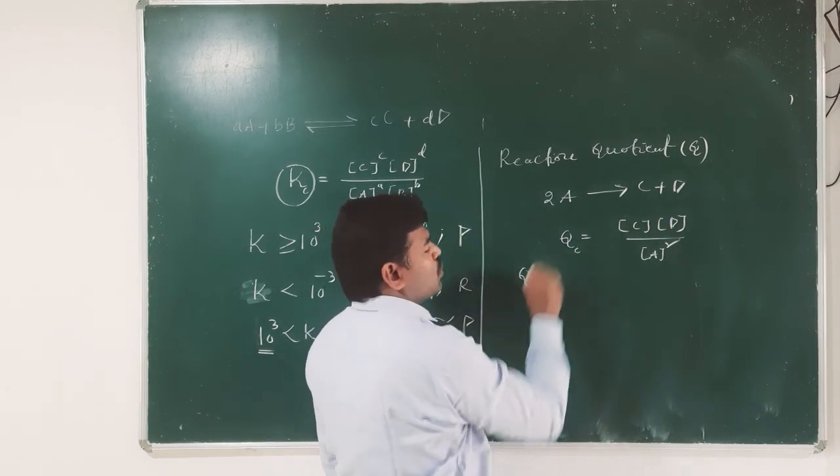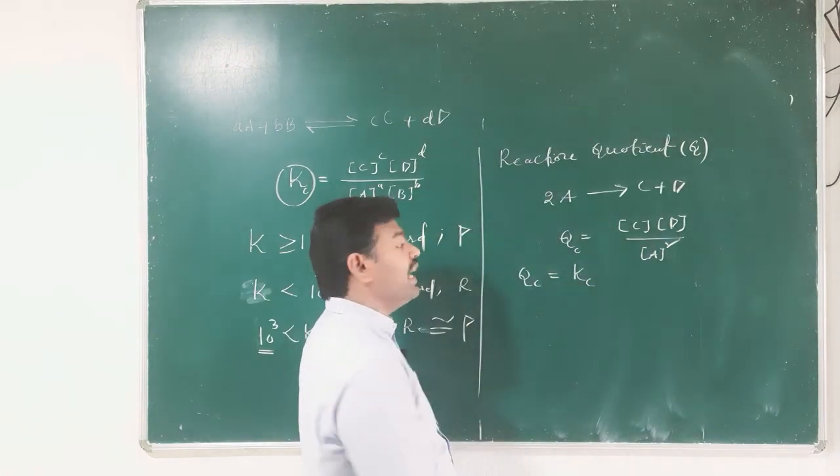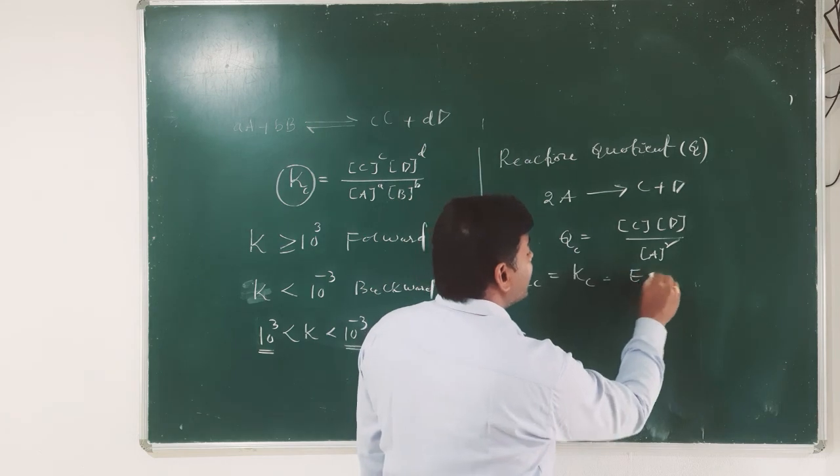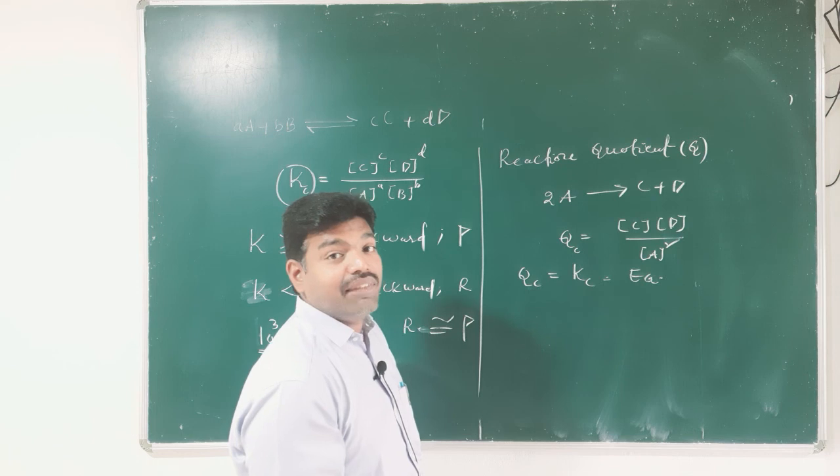If this is expressed in molar concentration, then we can write it as Qc. If Qc is equal to Kc, that indicates equilibrium.